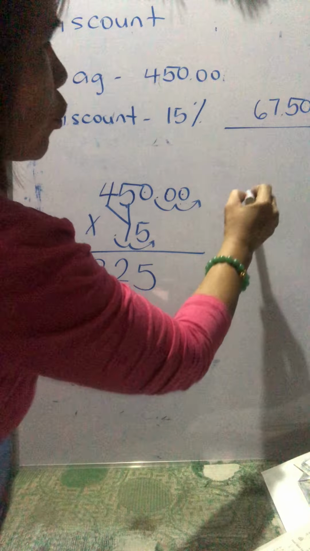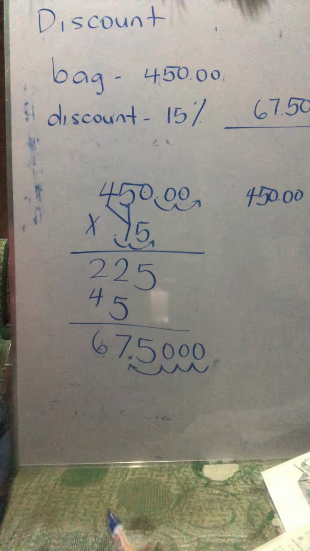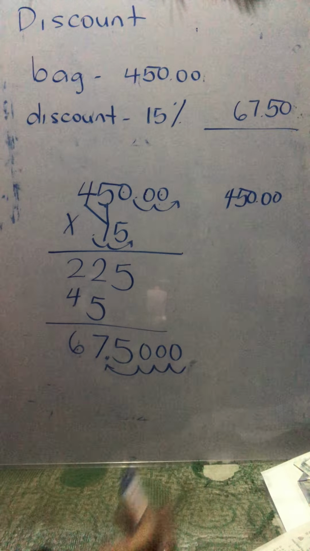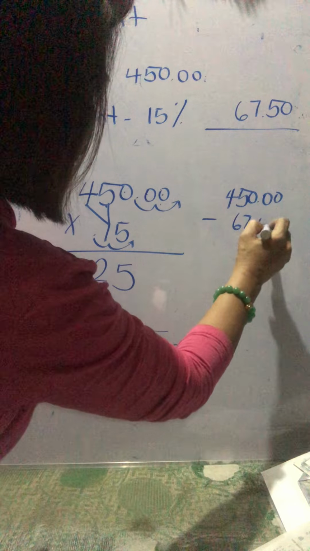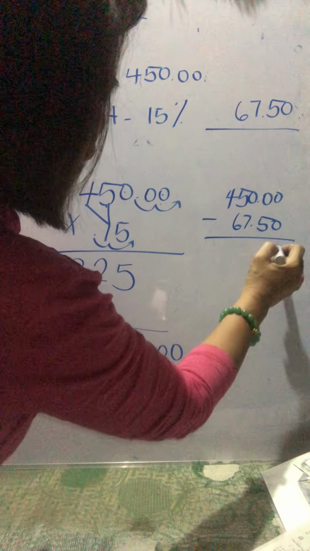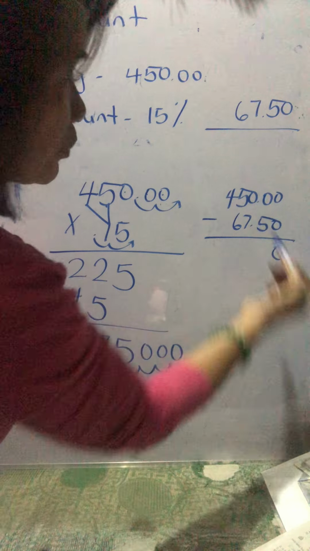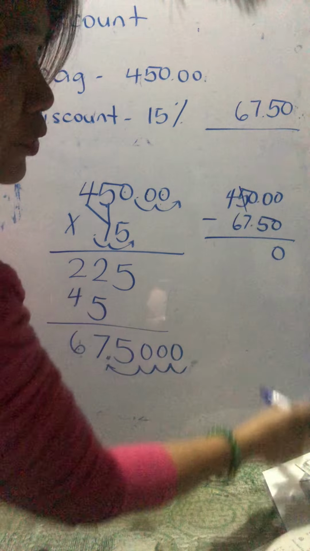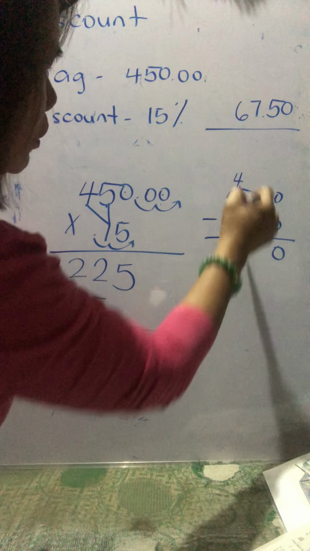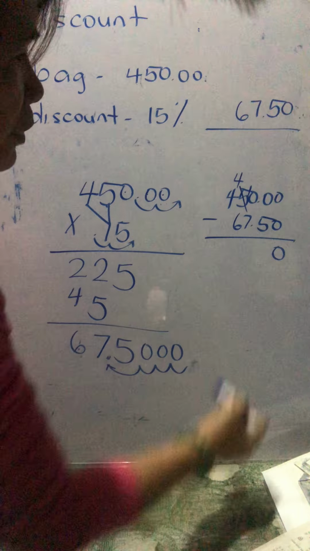So, the bag is 450 pesos, minus the discount of 67.50. 0 minus 5 cannot be, so you have to borrow from the next number. Borrow from 5, the 5 will become 4, and 0 will become 10.